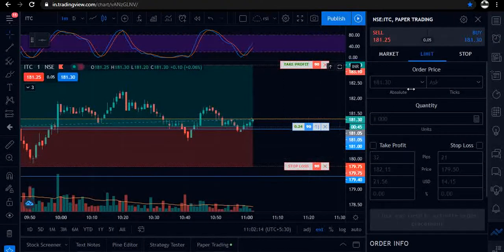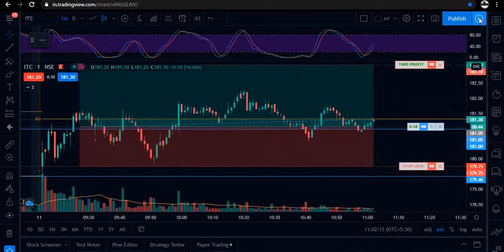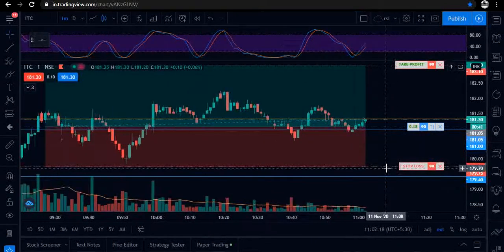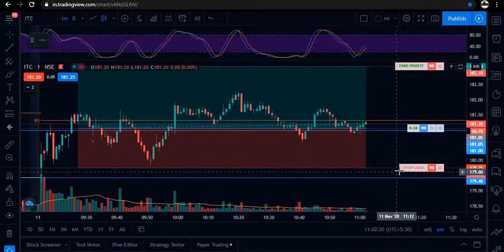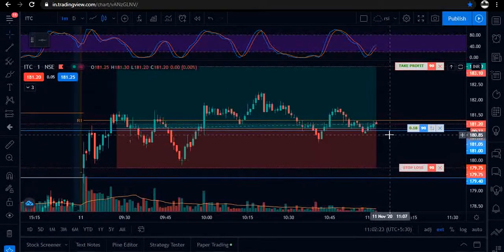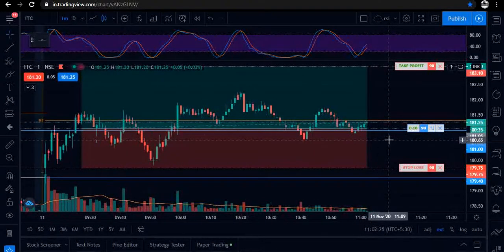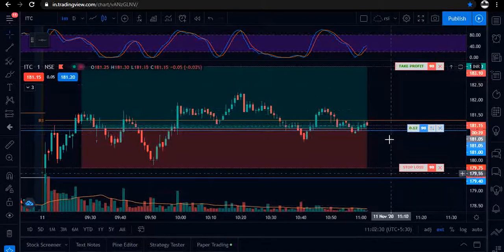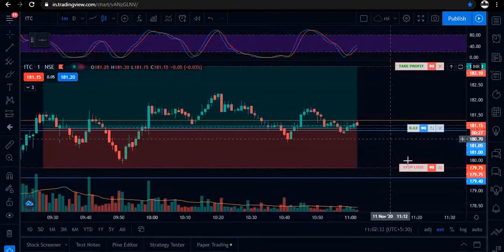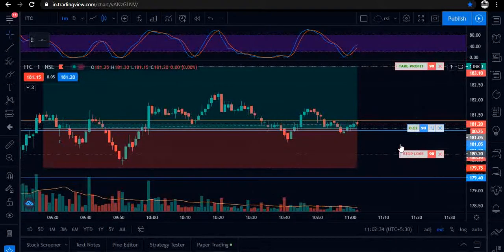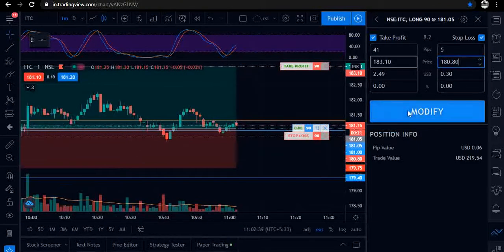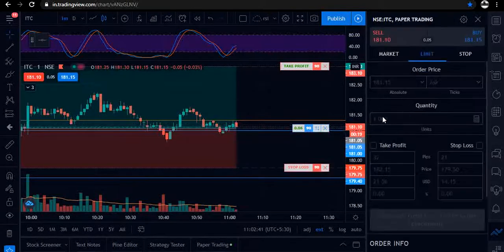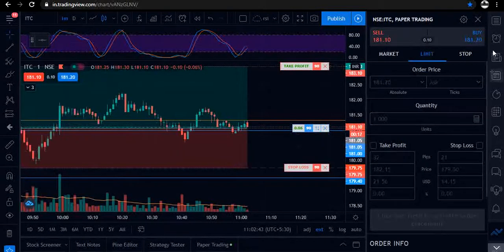Okay, it's taking some time, but we have modified our order. Now we will wait for our stop loss or target to get triggered, and we have also trailed our stop loss. So now we are protected from a huge loss.